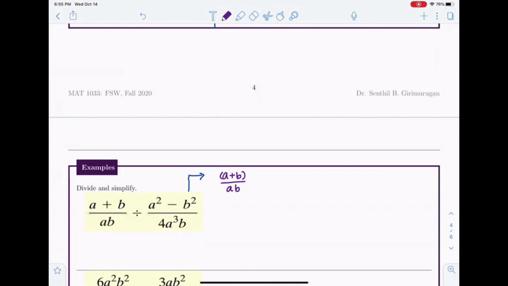Since we are dividing that by the second rational expression, we simply flip the second rational expression and multiply to the first rational expression. So that times 4a cubed over 3 times b divided by a squared minus b squared.